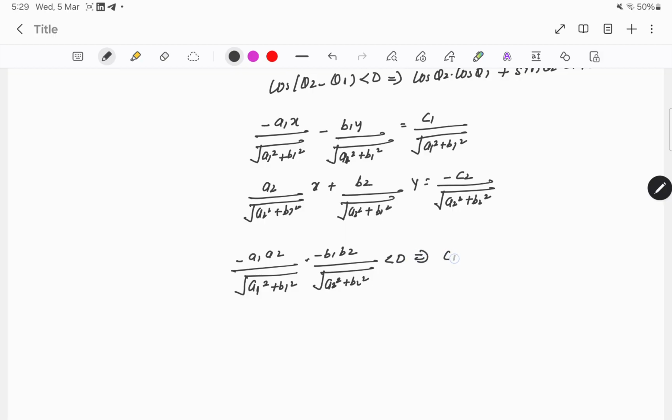This implies c1 is greater than 0 and c2 is less than 0.